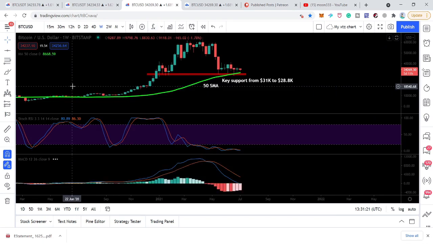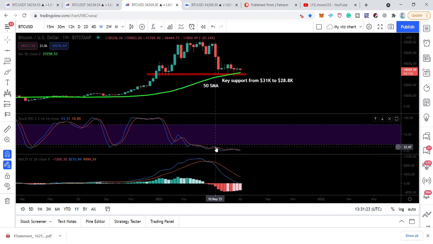We can see that the stochastic RSI is extremely oversold. This is the 18th week that the stochastic RSI is moving in the oversold zone, the longest time period in the history of Bitcoin, and the MACD has started turning bullish.